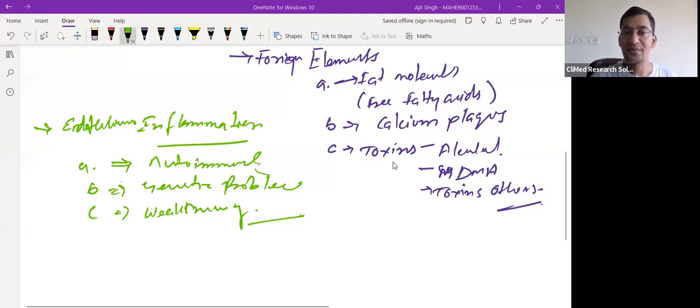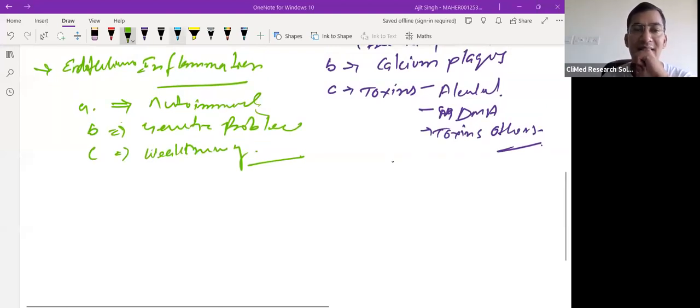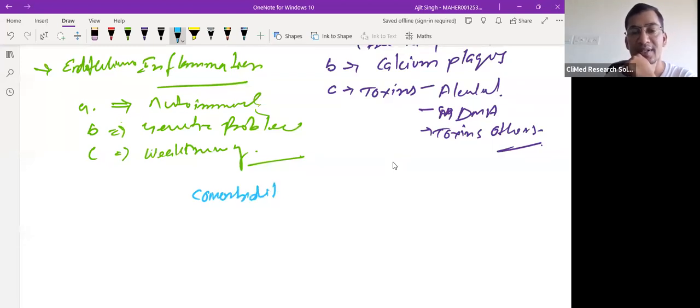And then there are certain other things. We call them comorbidities. Comorbidities means diabetes, so there are diabetic platelets. Then hypertension.